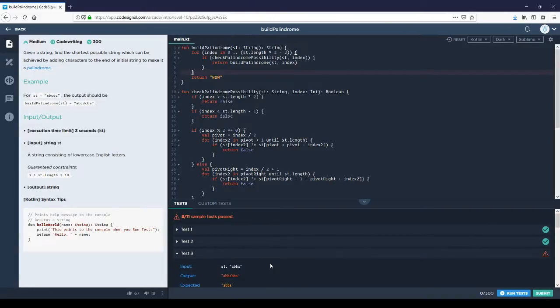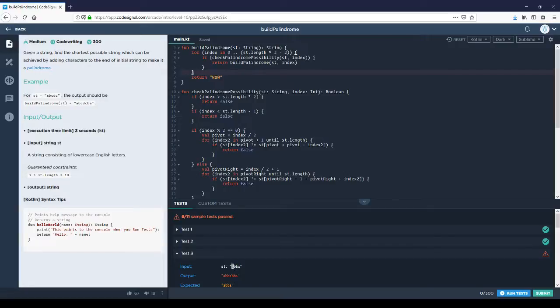But it actually does. Interesting, but let's see. Okay, so it's finally checking the last character when it's pivot, but it's still not checking 3. So 0, 1, 2, 3.